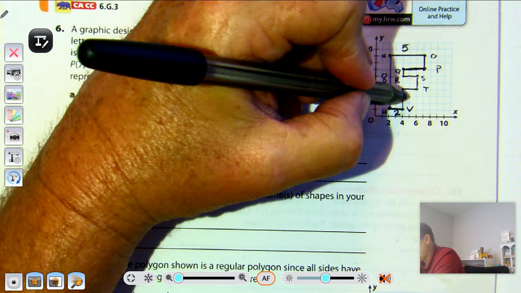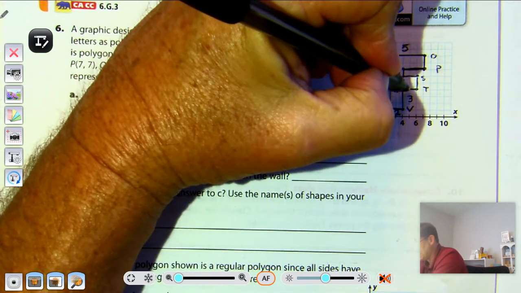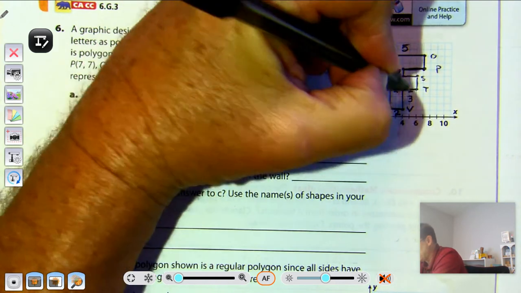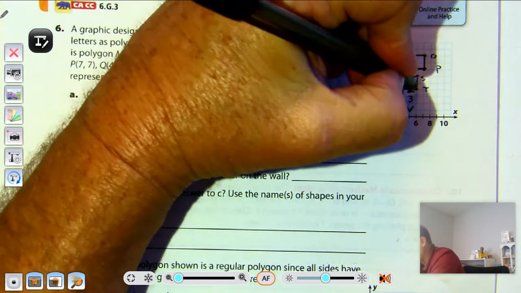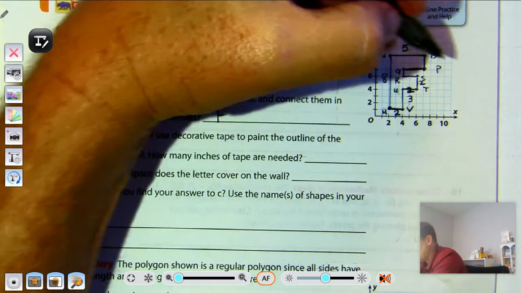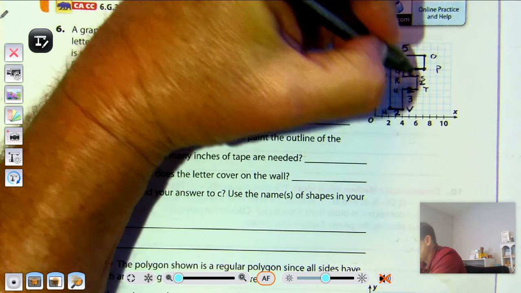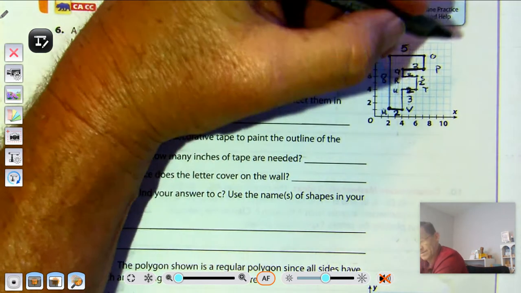From V to U, we have 3 units. From U to T, we have 2 units. From S to T, we have 2 more units. From S to R, 2 units. Q to P, 3. And P to O, 2.